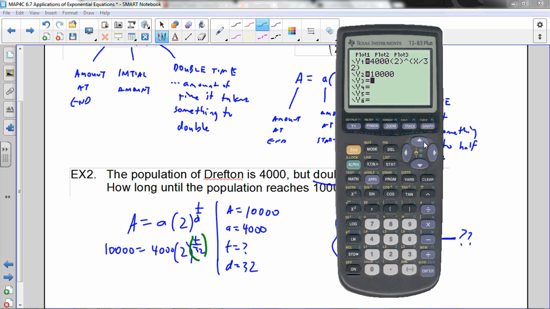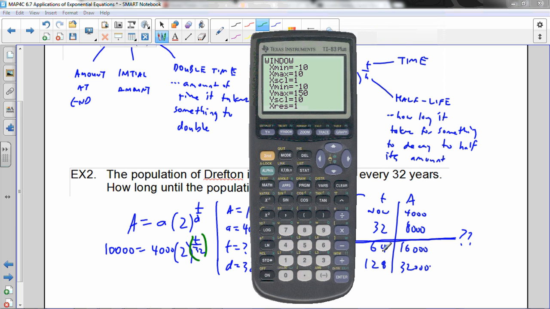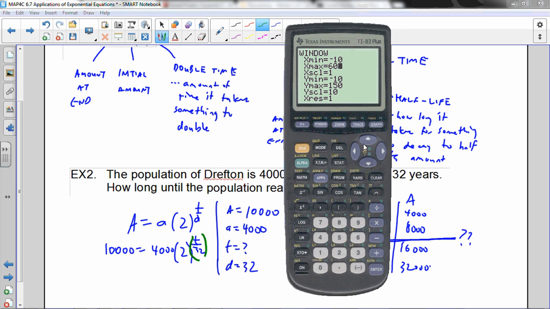10,000. And before I hit graph, because it could be all sorts of crazy settings, I have to set my window settings. I don't know about the years, except I kind of thought about it, and I know it's going to go up to almost 64 years. So maybe I'll put in 60 years here. And I know that as far as the outputs, the output has to get up to 10,000.